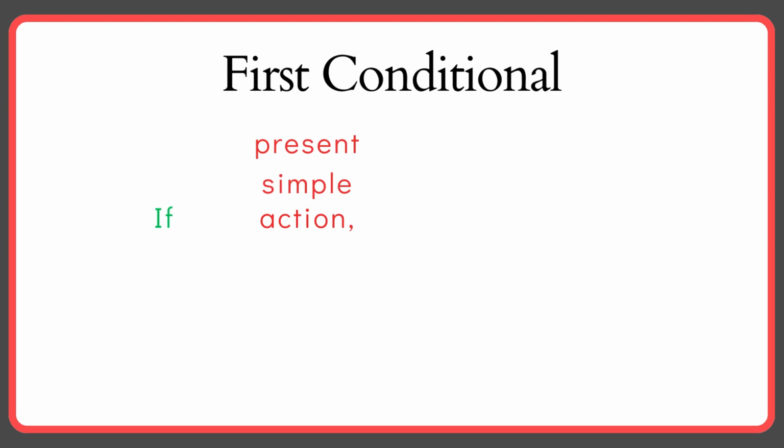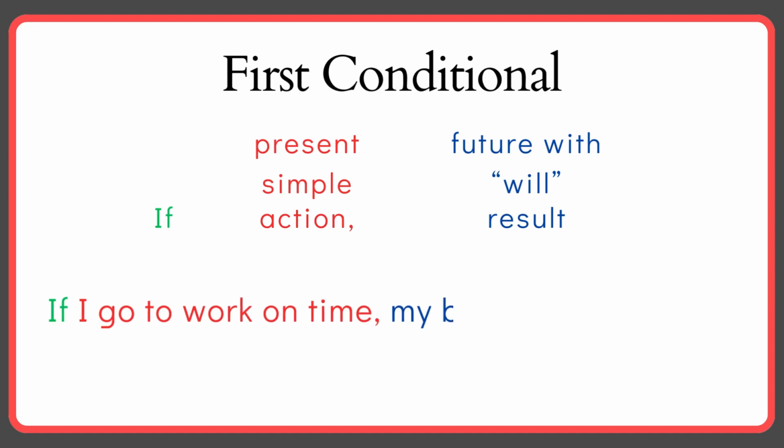This makes our action clause. Then we use a future result using will. This is our result clause. We use a comma to divide the two clauses. If I go to work on time, my boss will be happy.